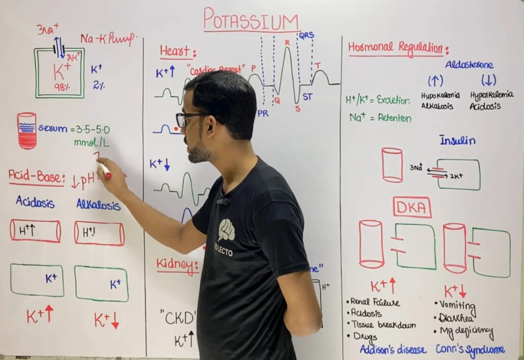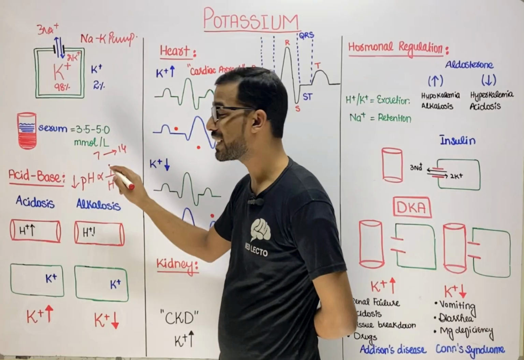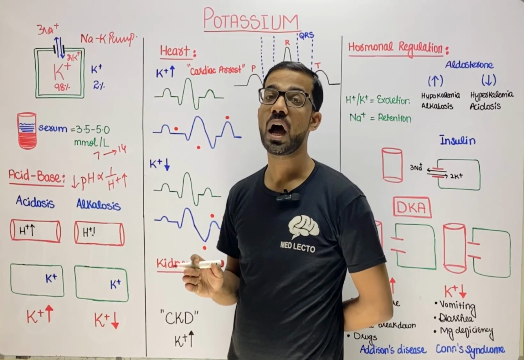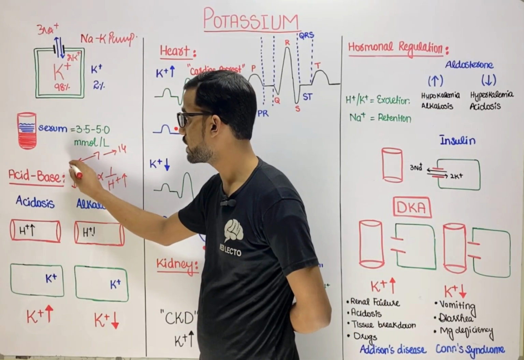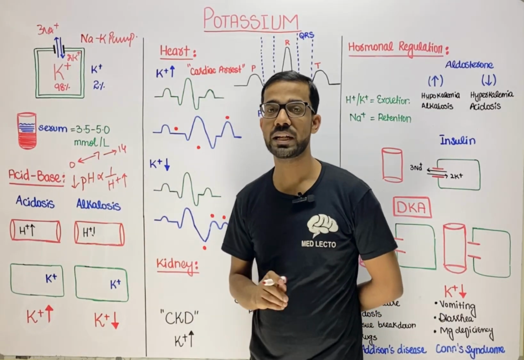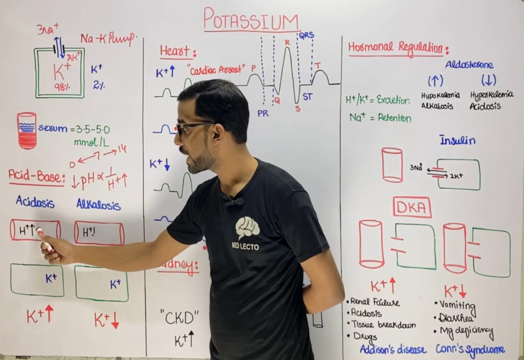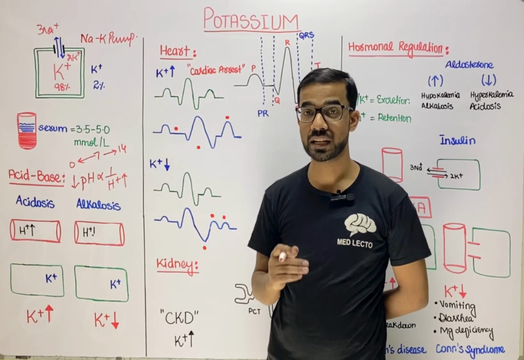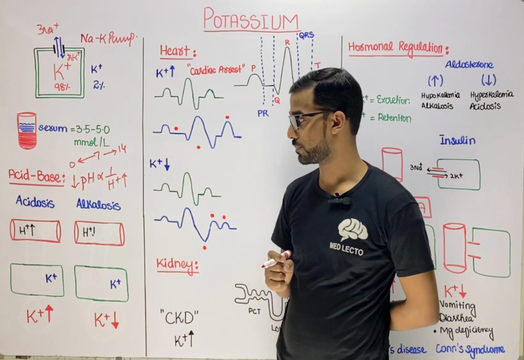So 7 is the neutral pH, and if it starts increasing towards the 14, then it will become the alkalosis, and if it starts decreasing below the 7, then it goes towards the acidosis. So in our case, H positive concentration starts increasing, pH starts decreasing, and it goes towards the acidosis.